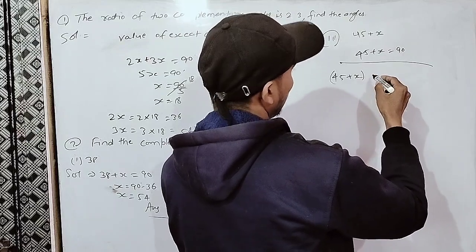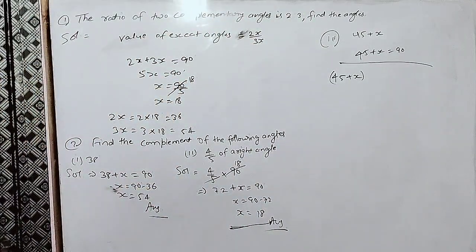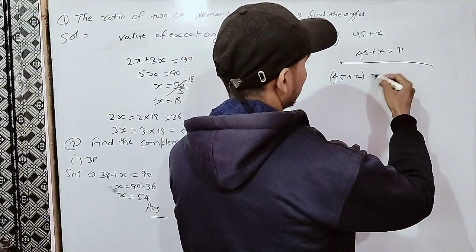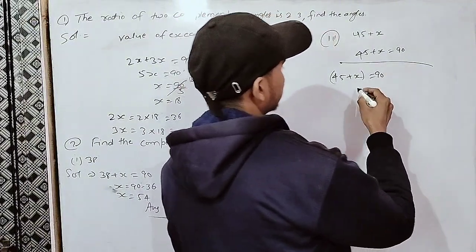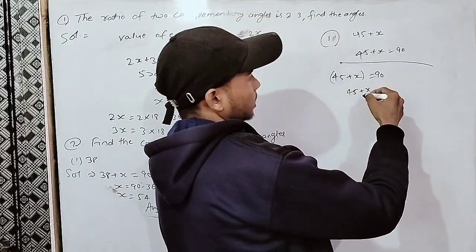Okay, 45 plus x is 90 here. 45 plus x equals 90.